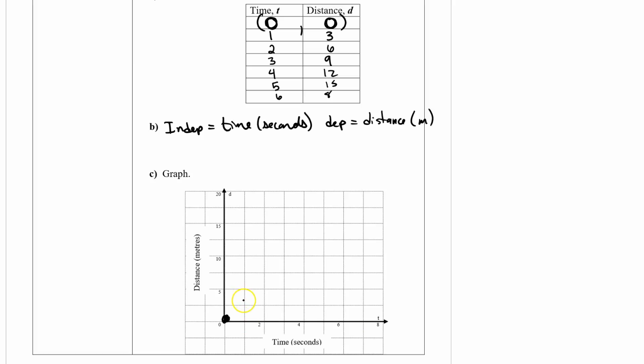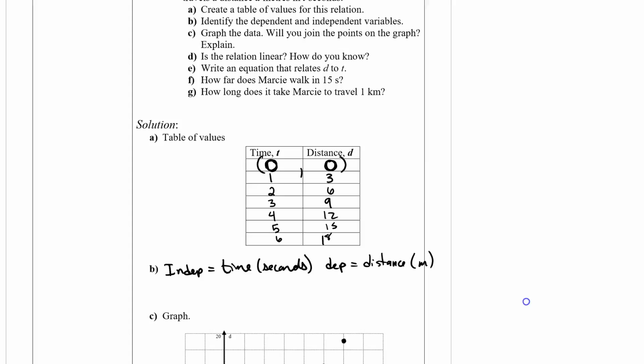So it's going to look more like here. 2 seconds, our distance is going to be 6. 3 seconds, our distance is going to be 9. 4 seconds, our distance is going to be 12. 5 seconds, our distance is going to be 15. Oh, not 8, 18. At 6 seconds, our distance is going to be 18. So this is part of the graph.